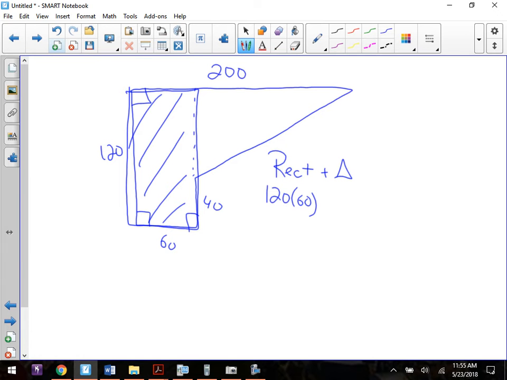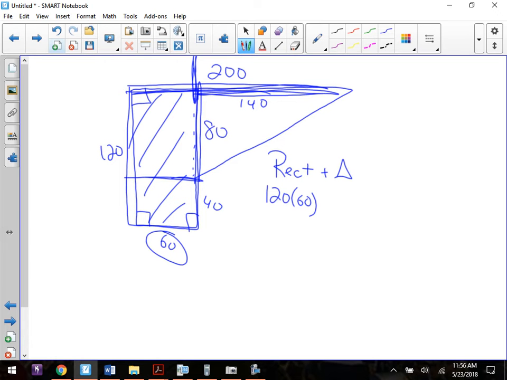Now, I have to be able to figure out the other parts. Well, if the whole top part was 200, I back out the 60. That means this portion is going to be 140, I believe. And I do the same thing with the 120 and back out the 40. And that gives me an 80 here.